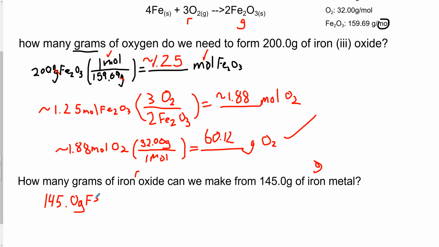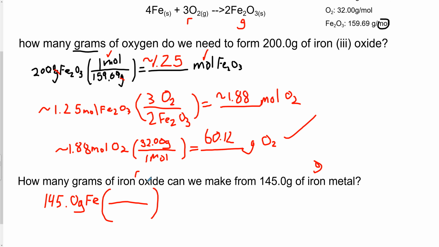I'm going to open up a bracket. Instead, I'm going to do this move. I'm going to turn it into moles, but I'm not going to write out the answer. I'm just going to continue on, and I'm going to do my second bracket, then my third bracket. I'm going to show you that everything else is going to cancel out. It's going to be beautiful, and in the end, we're going to have an answer in grams of iron oxide.